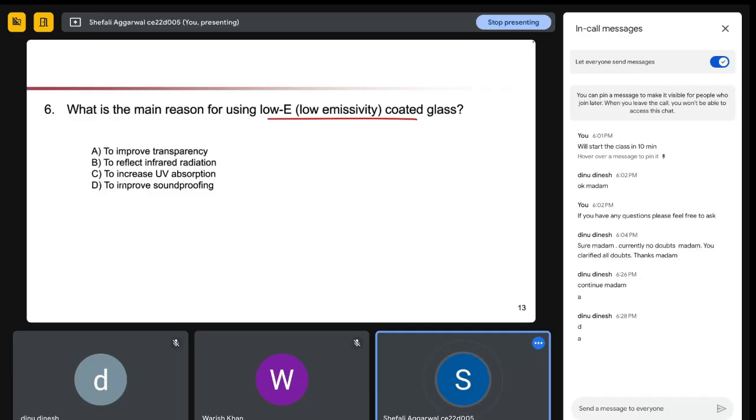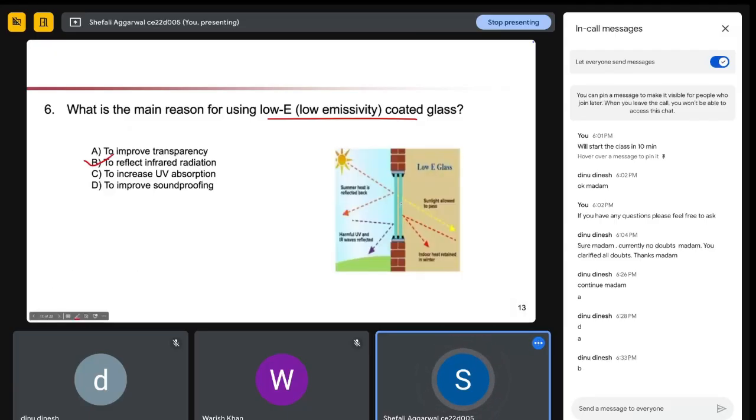Any idea? B, correct. So normally we are using low E glass so that all the infrared radiation or harmful radiation gets reflected back.